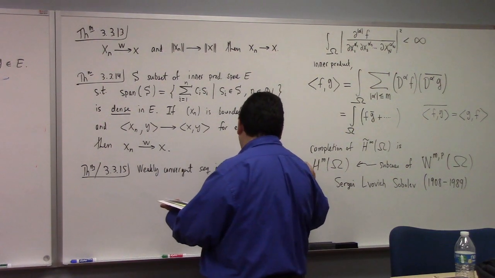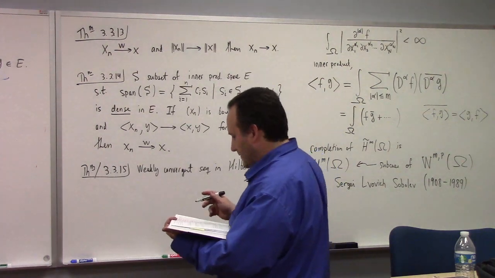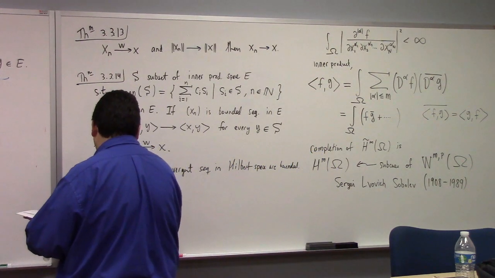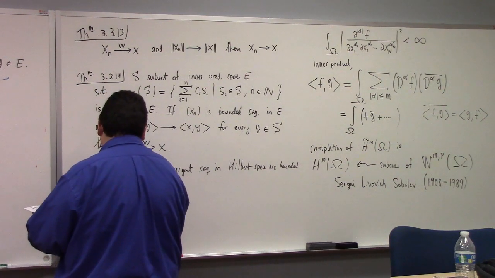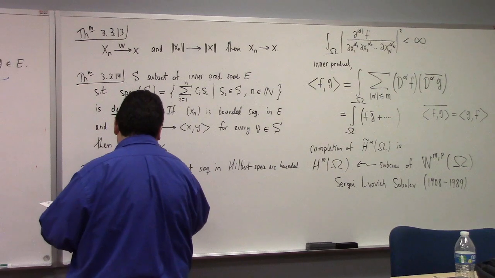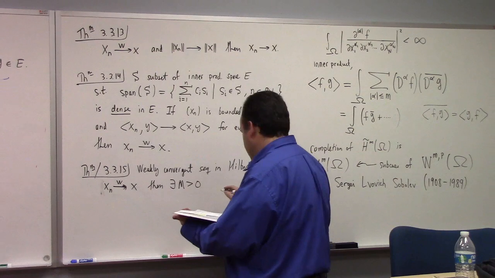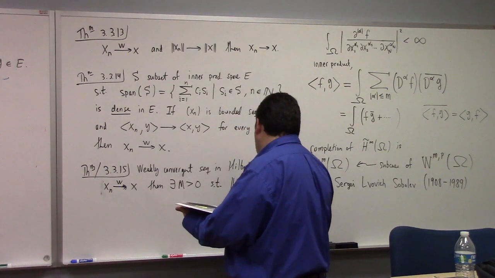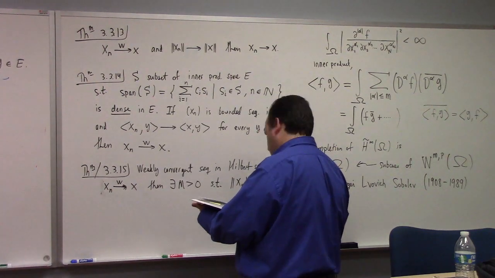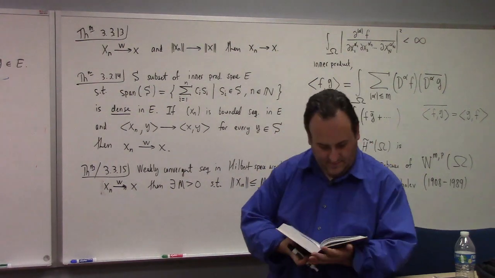That is, if xn is a weakly convergent sequence, then there exists a number m such that, if xn goes to x weakly, then there exists m greater than 0 such that the norm of xn is less than or equal to m for all n in the natural numbers. So that's the bounding he means.